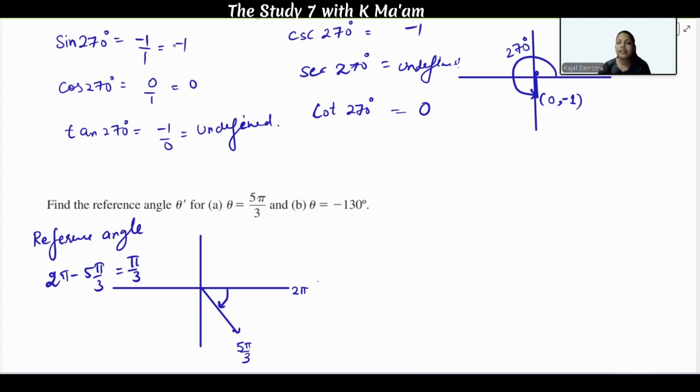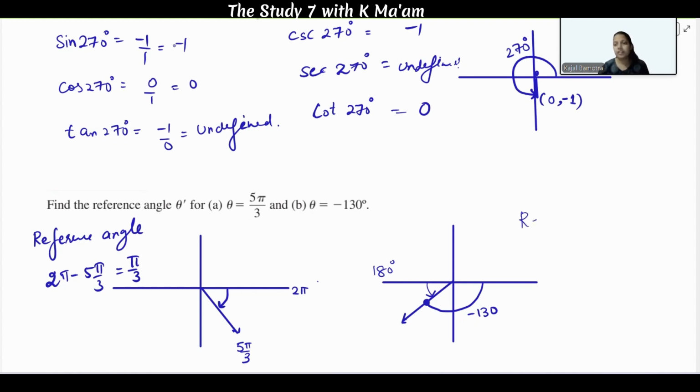Next is negative 130. Negative means moving in the clockwise direction. So you are moving this way. This is negative 90, negative 120, somewhere negative 130. So this angle is negative 130. I have to find the reference angle. The nearest angle on the x-axis is this, and this is 180.